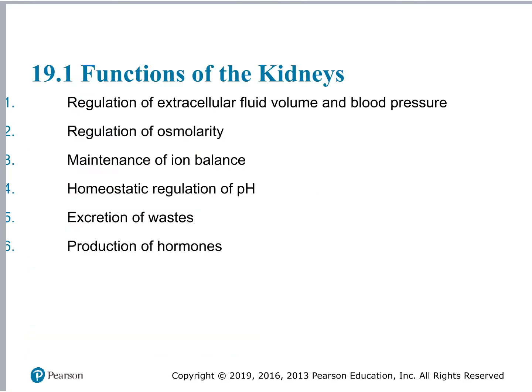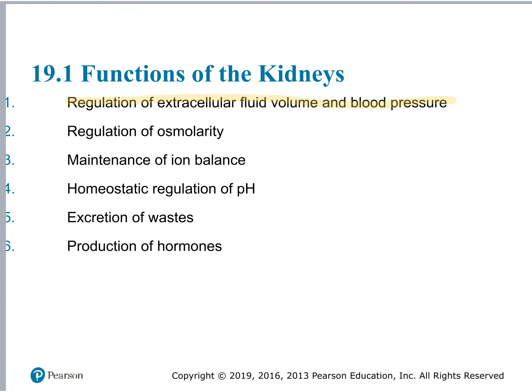All right, these are the 6 functions of the kidneys, and they're pretty easy to understand. This is a pretty easy read. First, regulation of extracellular fluid volume and blood pressure. Well, we talked a little bit about blood pressure in the cardiovascular system. Whenever the blood vessels would vasoconstrict, it would increase blood pressure, and whenever the arterioles would vasodilate, it would lower the blood pressure.